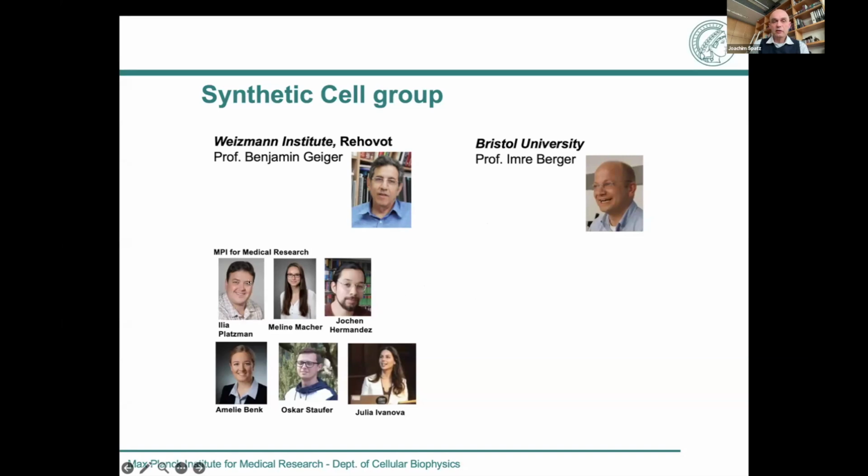Ilya, I mentioned, very much develops these microfluidic technologies in our group. Amelie Bank has developed the cobalt-3+ chemistry now together with Julia. And Oscar is a super PhD student. He now has his own group in Saarbrücken working on extracellular vesicles or also synthetic immune cells.